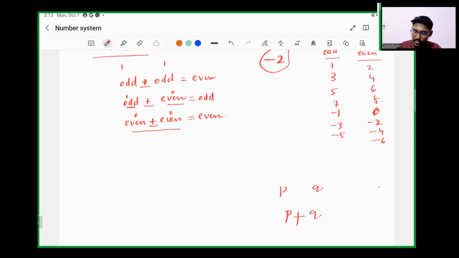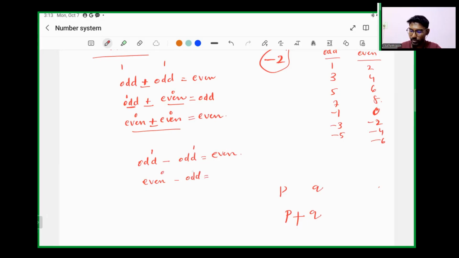Okay. So odd minus odd. What will it be? Take it as odd plus odd. Or you can take 1 minus 1. No problem. For odd, you are taking 1, and 1 minus 1 is 0. So it will be an even number. What about even minus odd? Even minus odd, you take it as even plus odd, no problem.